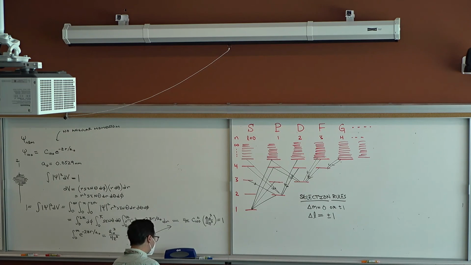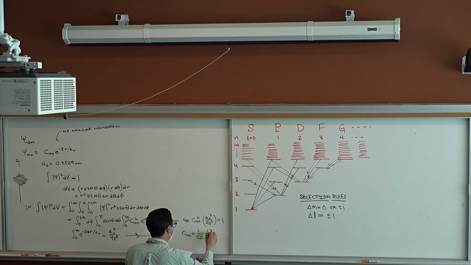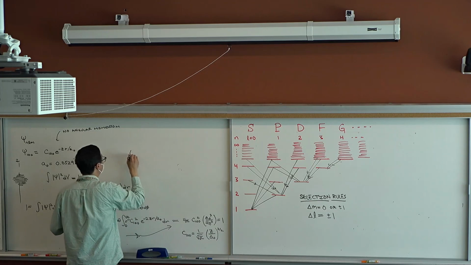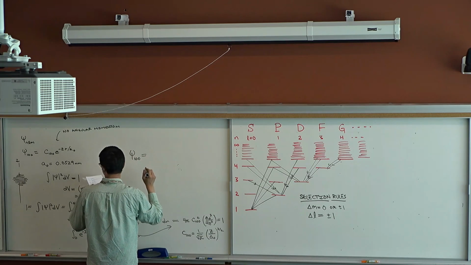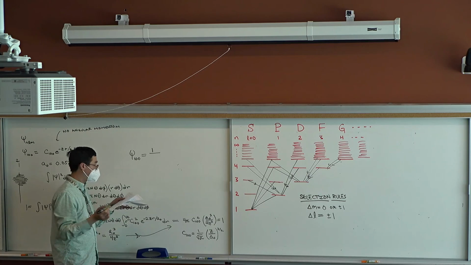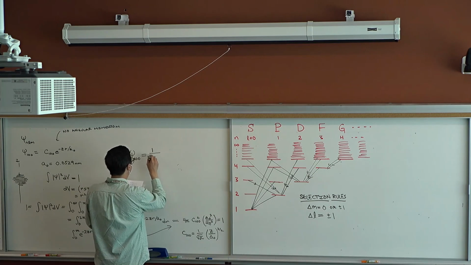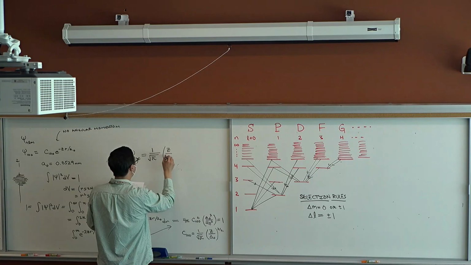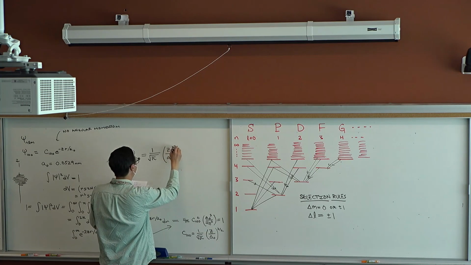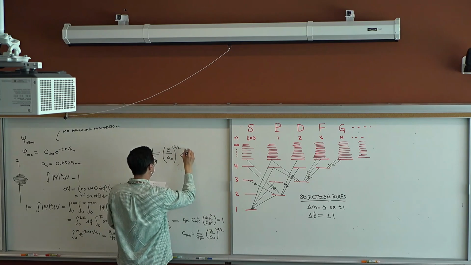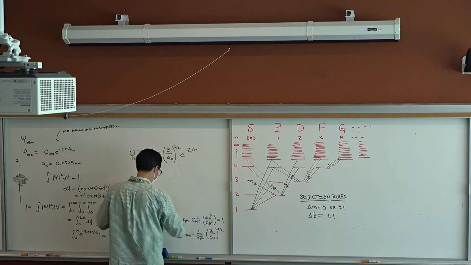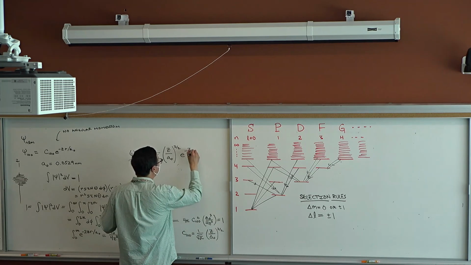From that we can solve that c100 is 1 over root pi times z over a naught to the 3/2, finally yielding that psi 100, the ground state, is just 1 over root pi times z over a naught to the 3/2 times e to the minus z r over a naught.